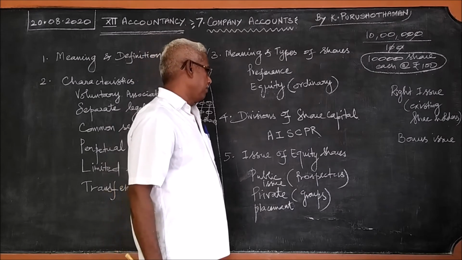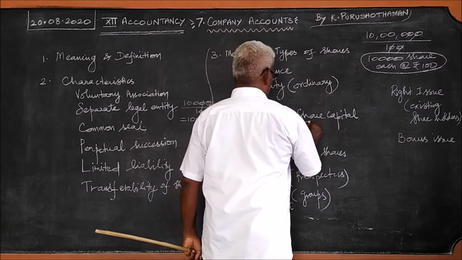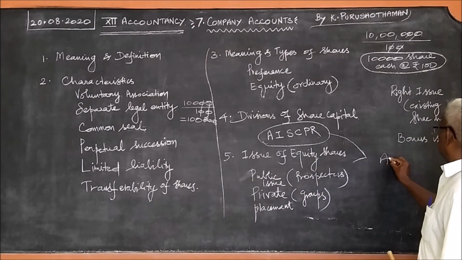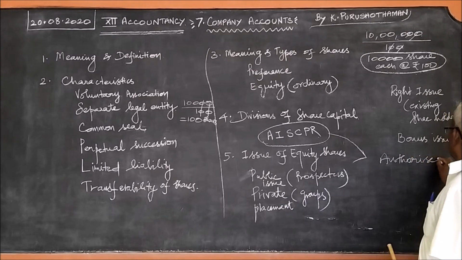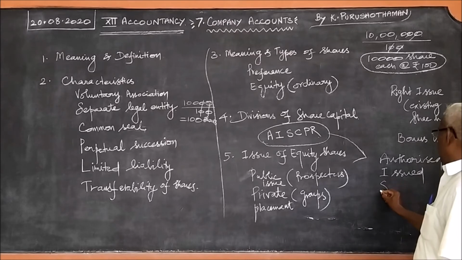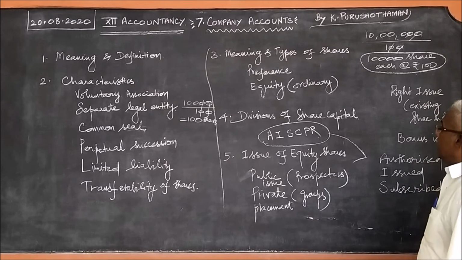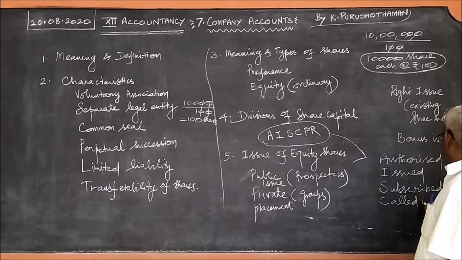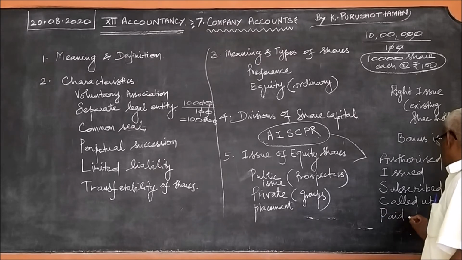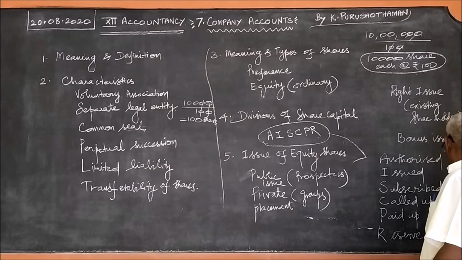And how is the share capital divided? A for authorized, I for issued, S for subscribed, C for called up, P for paid up, and R for reserve capital.